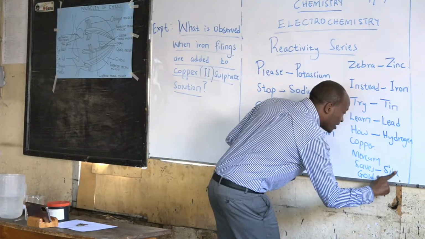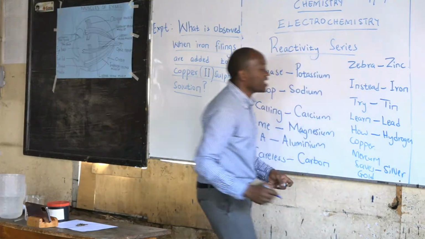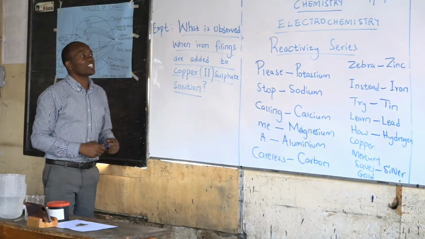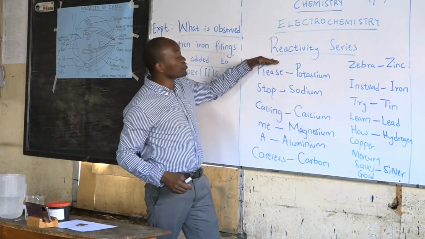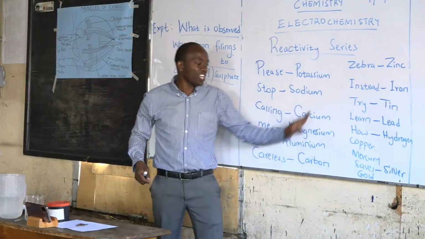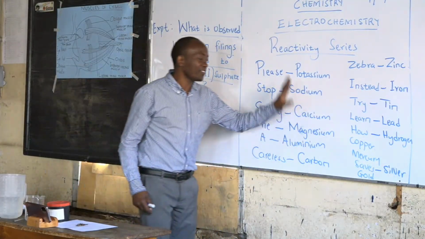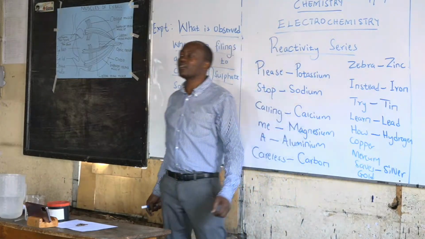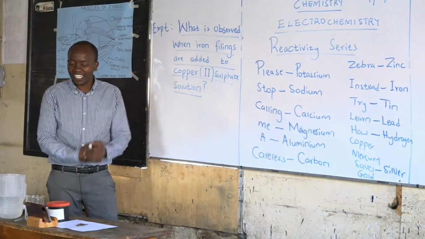So we have silver. And finally gold. Very good. So these are the lists of the reactivity series. We start from the most reactive to the least reactive. So which is the least reactive element here? Gold is the least reactive. The most reactive? Potassium. Potassium is the most reactive.